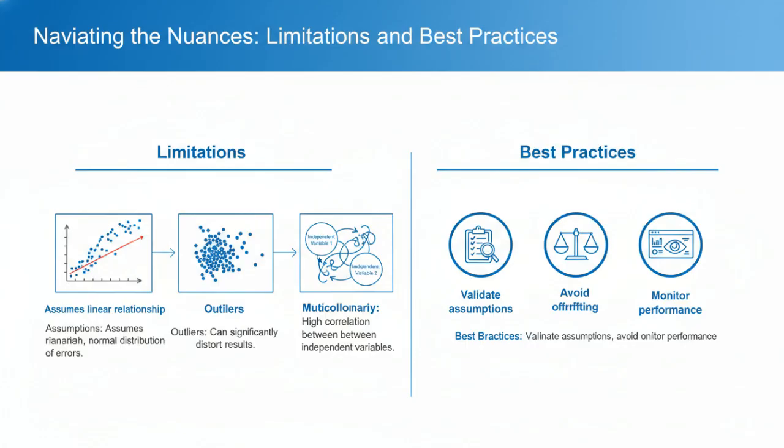To counter these, best practices include diligently validating assumptions, careful handling of outliers, avoiding overfitting, where the model performs well on training data but poorly on new data, and continuously monitoring the model's performance in real-world scenarios. Understanding these nuances ensures more reliable and ethical use of regression.